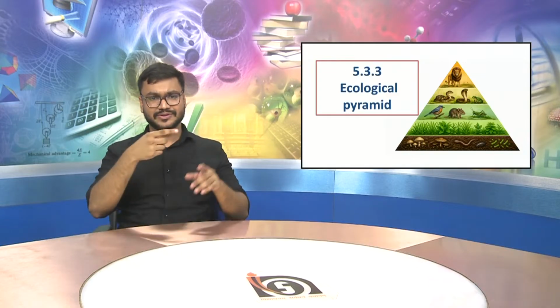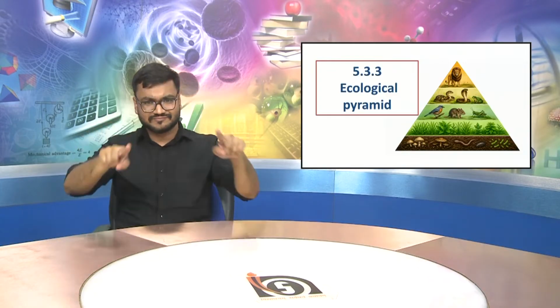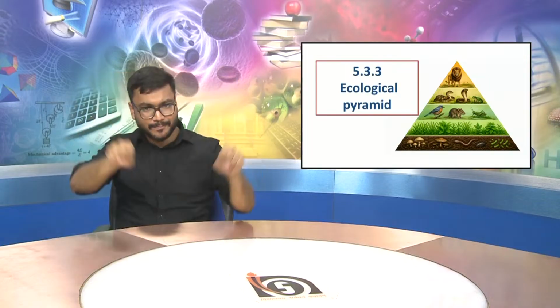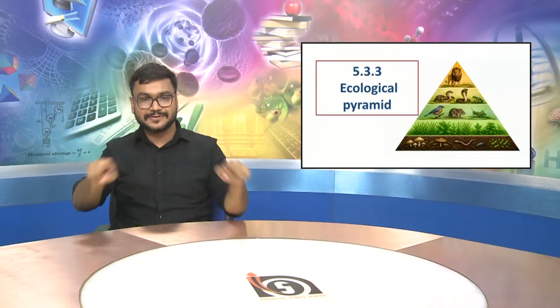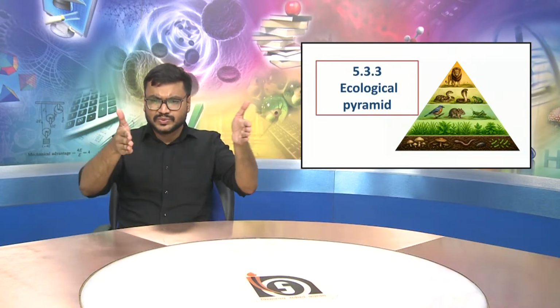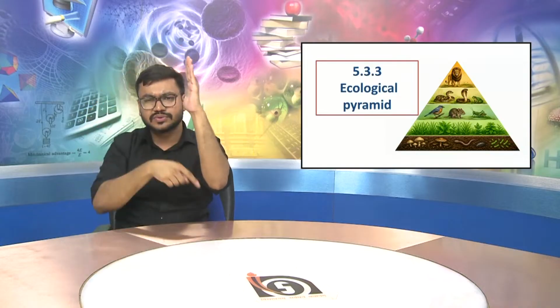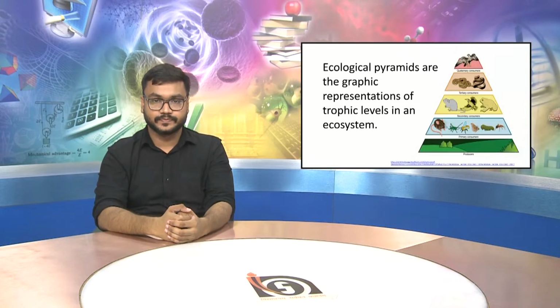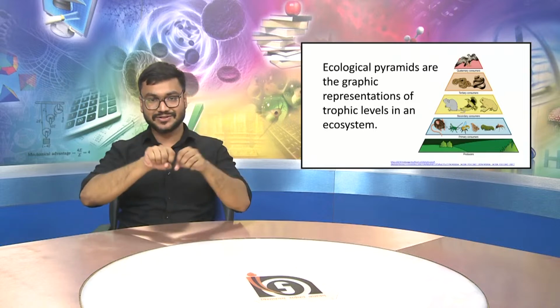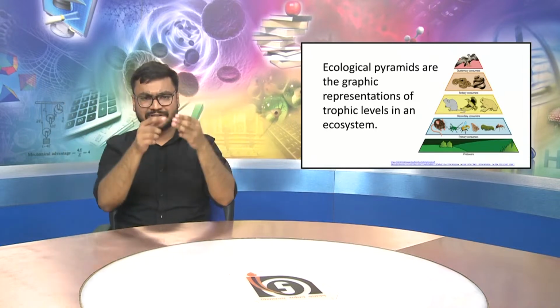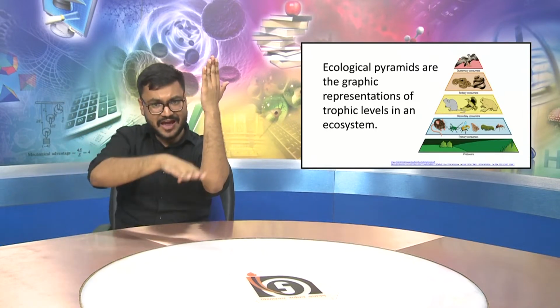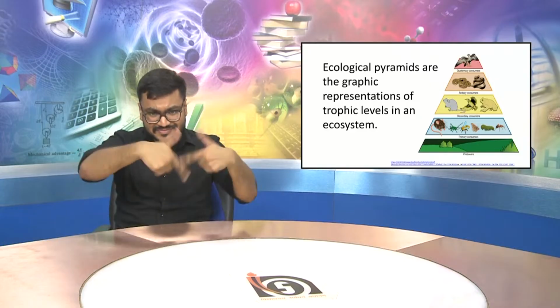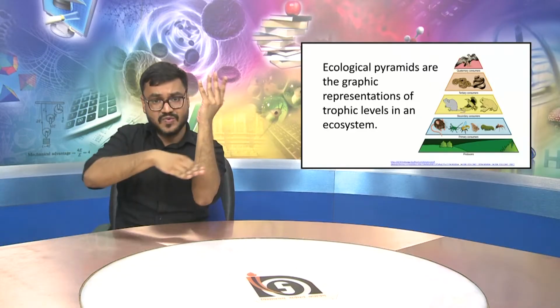5.3.3 Ecological pyramid. Ecological pyramids are the graphic representations of trophic levels in an ecosystem.